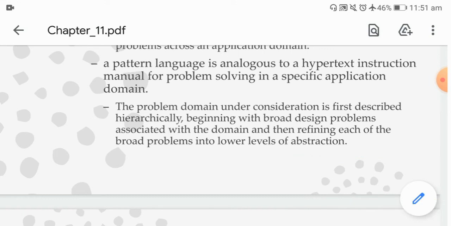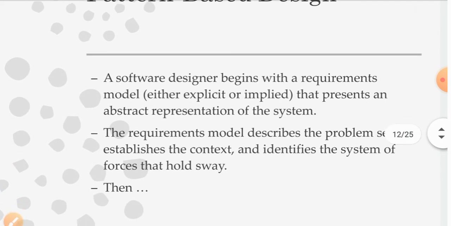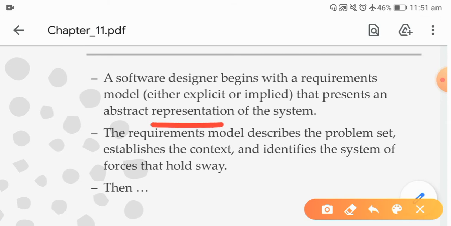Now the next one is pattern based design. So what is pattern based design? A software design begins with a requirements model, either explicit or implied, that presents an abstract representation of a system. Whenever you want to create your application, first of all you will collect all the requirements from your customer, and then you will design a pattern.